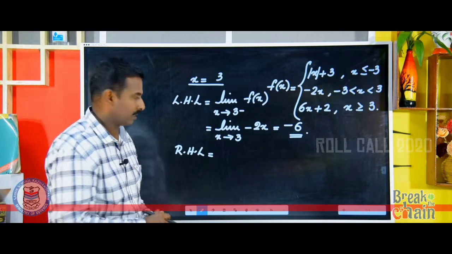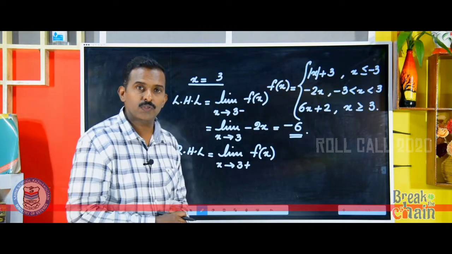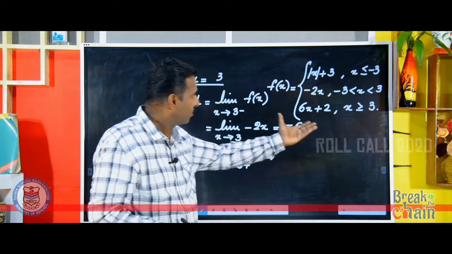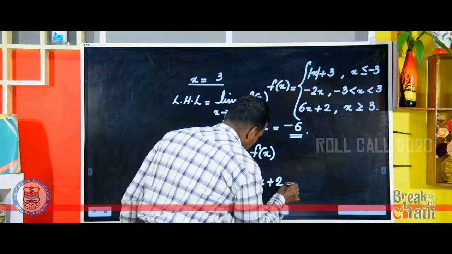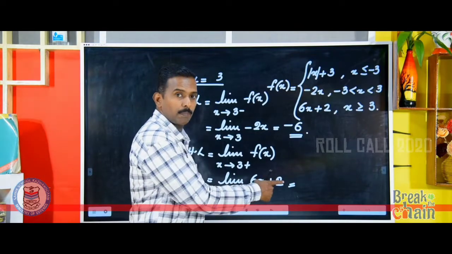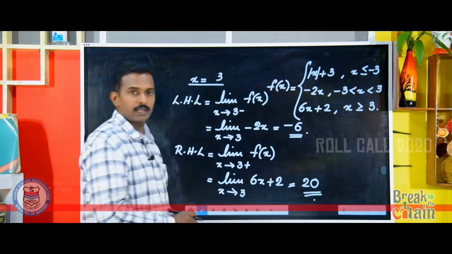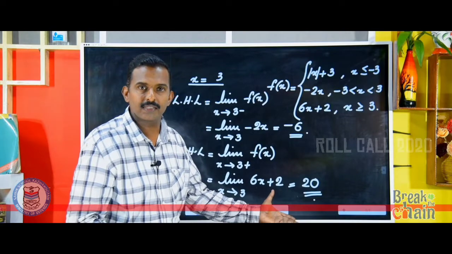RHL at 3, limit x tends to 3 plus. 3 plus, greater than 3, falls at 6x plus 2. Direct substitution, x is given 3, 6 into 3 plus 2, 18 plus 2, 20. LHL is -6, RHL is 20, different answers.